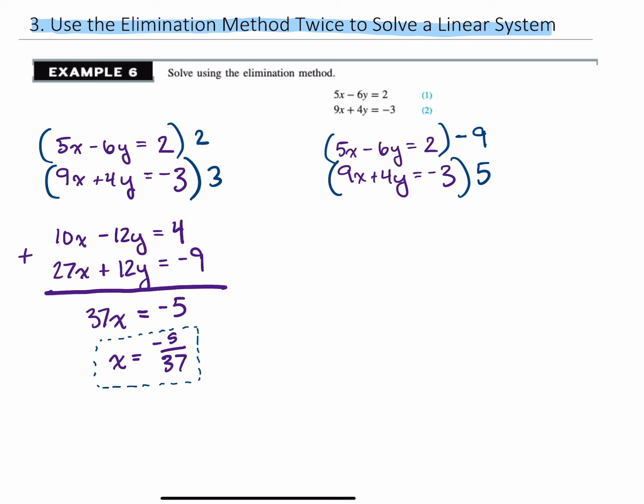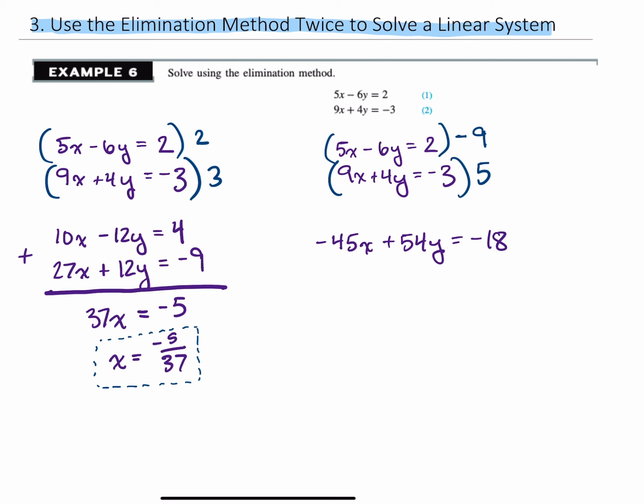If I take negative 9 and multiply every term in the first equation, negative 9 times 5 is negative 45, so we'll get negative 45x. Negative 9 times negative 6, double negative, becomes positive, and 9 times 6 is 54, so I get 54y equals negative 9 times 2, which is negative 18.